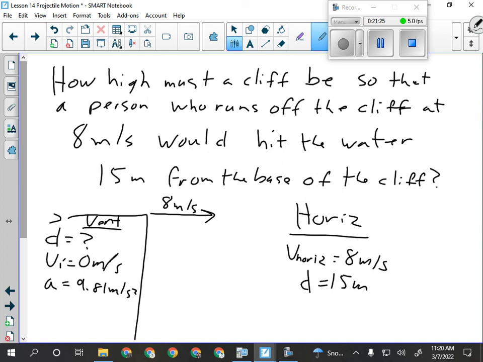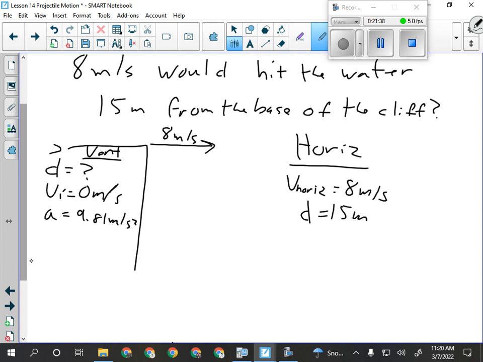If I'm going to calculate the height of the cliff, what do I need? Time or VF? There's no way for me to get VF, so I'm going to get time instead. So can I find time with this information here? Yeah. So I'm just going to manipulate V equals D over T, so it'll be T equals D over V, 15 over 8.